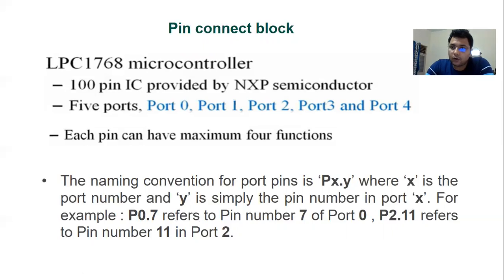Now, as I mentioned earlier, every pin has 4 functions. Every pin can be used for 4 functions, but at a time it is used for only one function. So if it is configured for one function, at that time the system can't expect the other 3 functions from it.